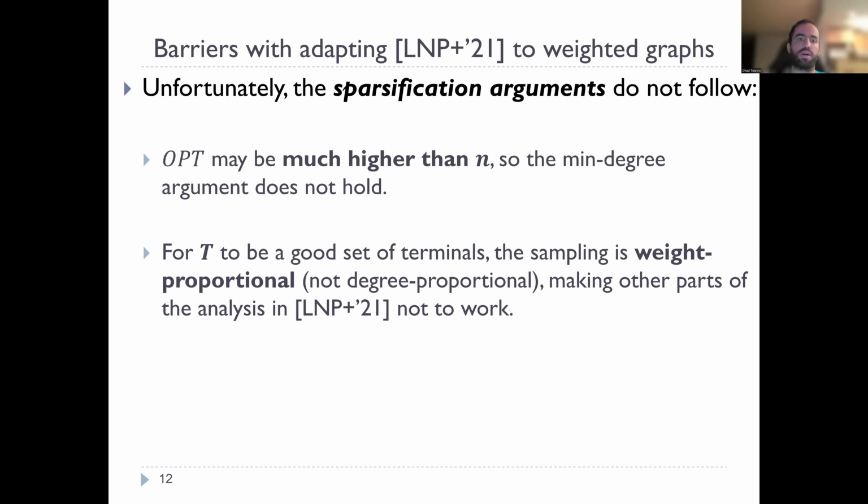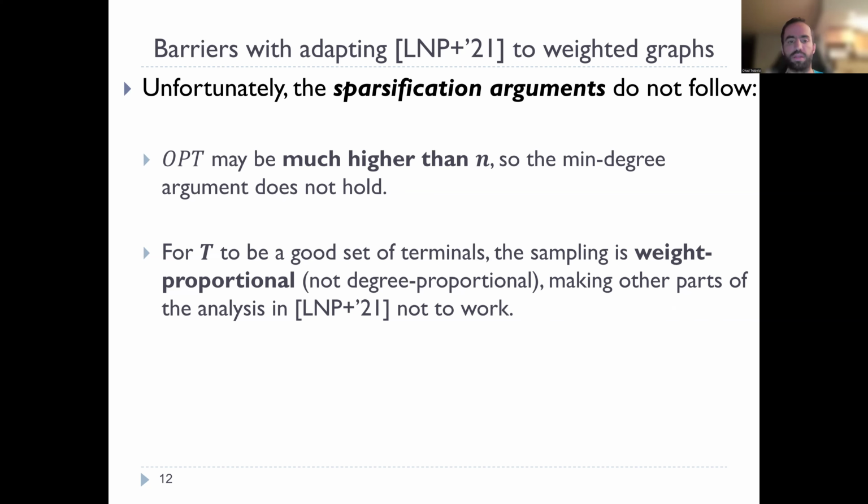However, the sparsification arguments from the unweighted case do not follow immediately. And that is for several reasons, mainly because the optimum may be much higher than n in the weighted case. And so the minimum degree argument does not hold anymore.